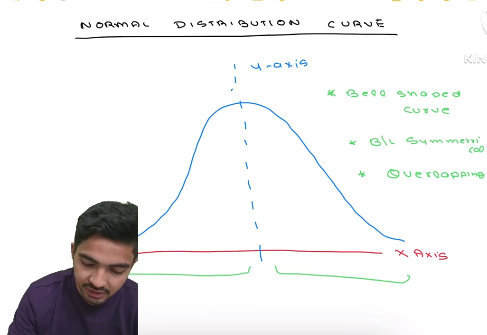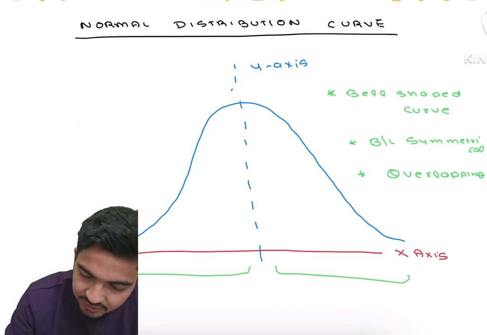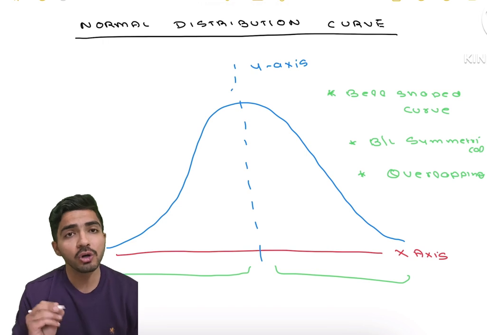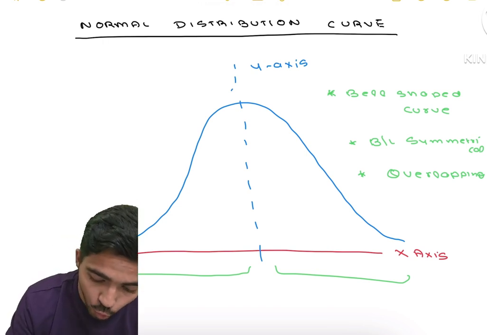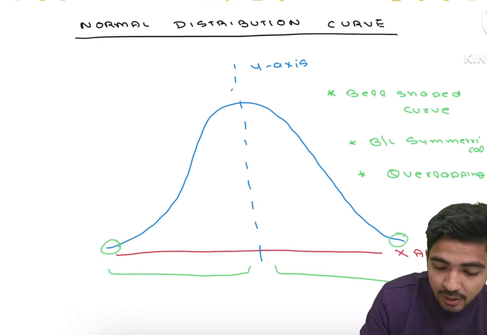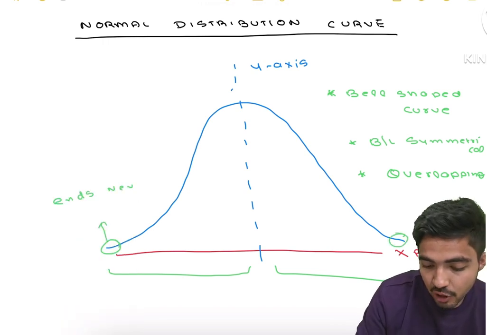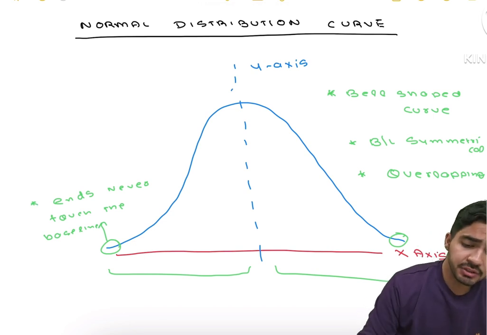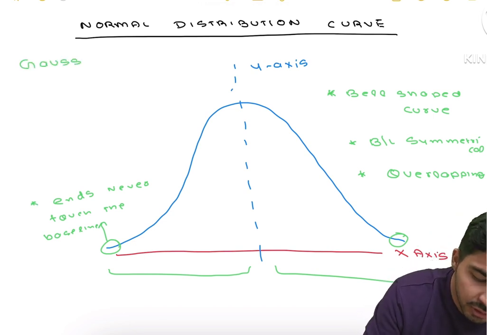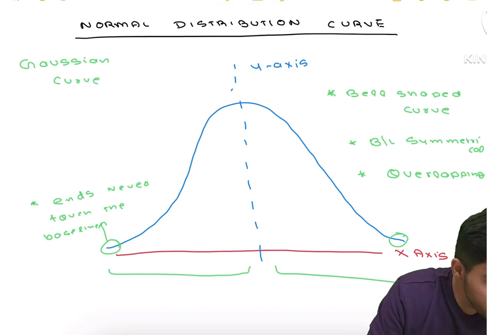As you can see, the ends are not touching the baseline and they will never touch the baseline. So the ends never touch the baseline, they reach up to infinity, and it is also known as the Gaussian curve.